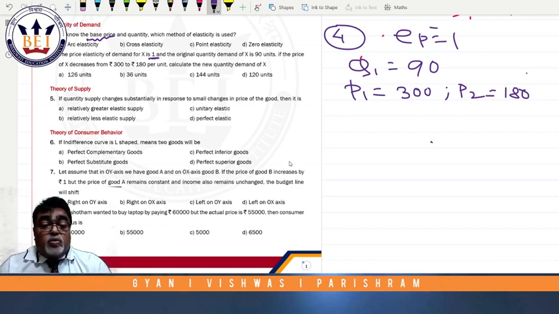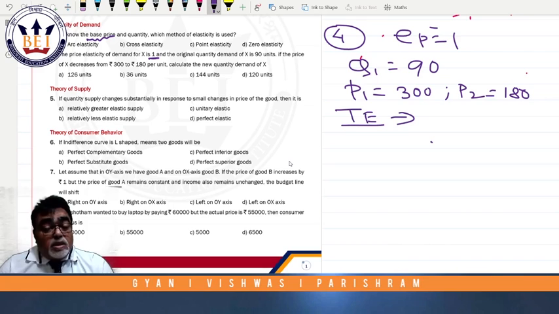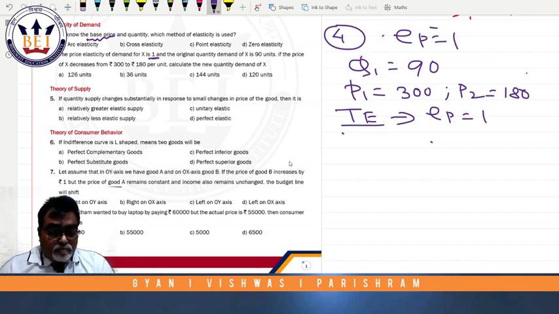If we consider the total expenditure method, the concept is that when EP equals 1, irrespective of change in price, total expenditure remains the same.